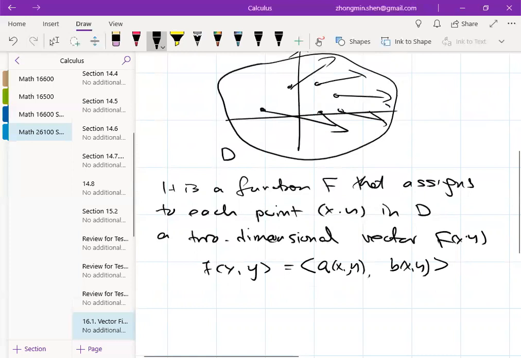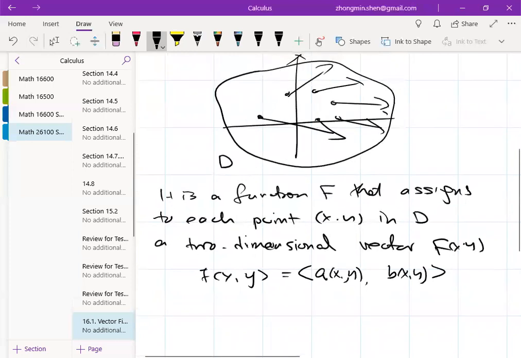So it's a two-dimensional vector. If you want to draw that vector, given this notation with two numbers a and b, you have vectors over the plane.